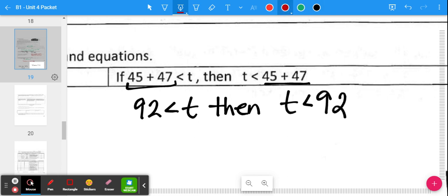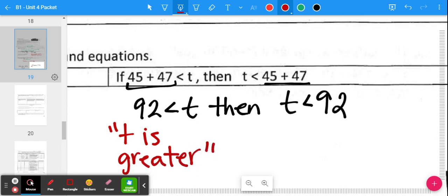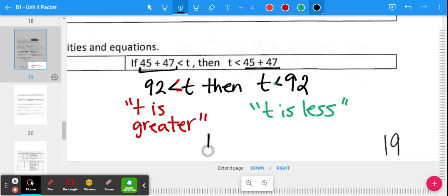So this one says t is greater because it's on that end of your inequality, whereas this other one says t is less than because it's on that side of your inequality. So this is false. So he's not correct to make that assumption that you can treat equations like inequalities.